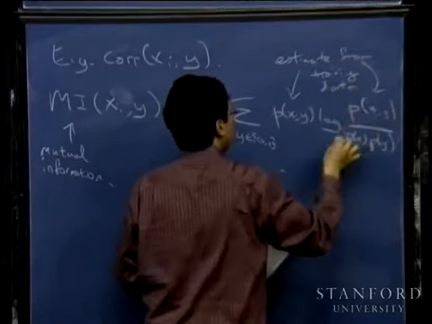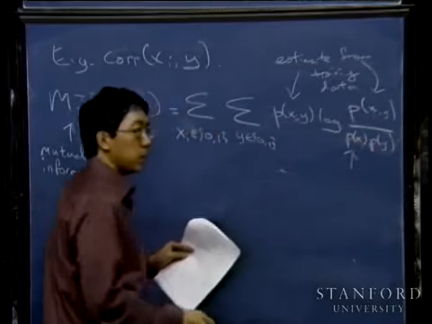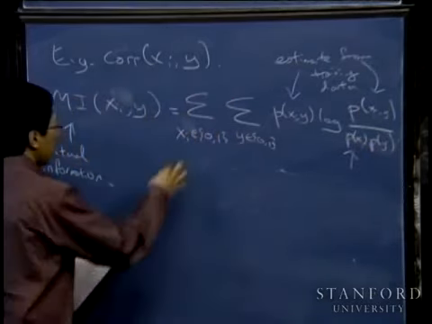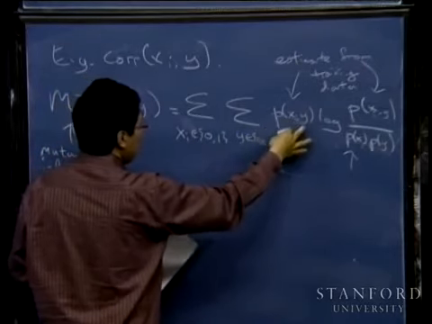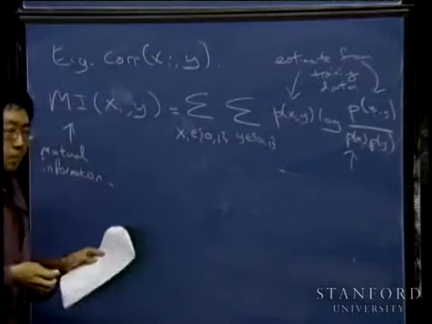You'd estimate from your training data the probability that x is 0, the probability that x is 1, the probability that x is 0 and y is 0, x is 1 and y is 0, and so on.